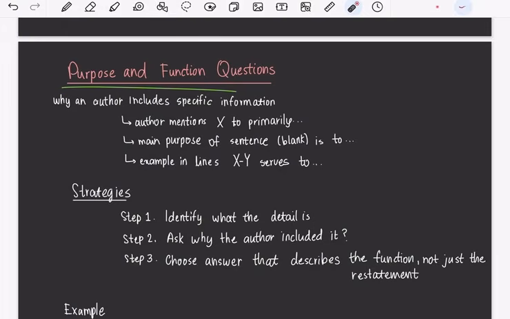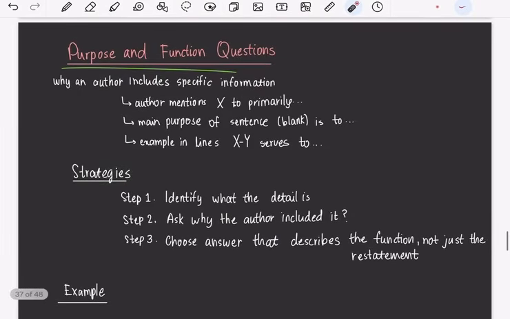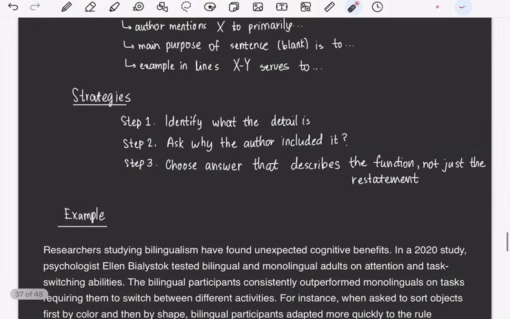This could be, the author mentions X primarily to do what, or the main purpose of some specific sentence is to do what, or examples in lines X to Y serve to do what. This is the purpose or function question, and it is something that a lot of students actually get confused with. So we're going to look at some strategies and words with some examples.